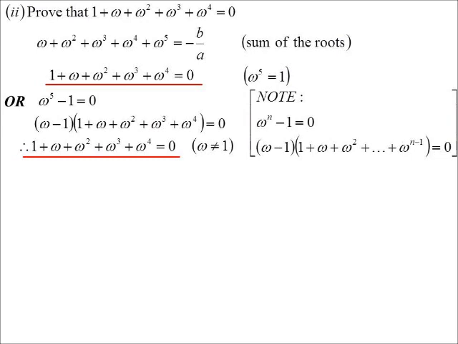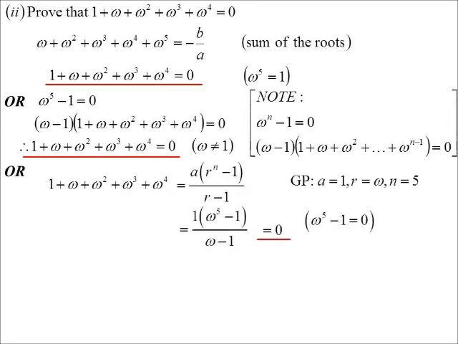But we know that's not true, because we specified omega was a complex solution. So it can't be equal to 1. Therefore, the other parenthesis must equal 0, and that's what we're trying to prove. So remember that idea for this question. We can always factorise omega to the power of n minus 1: start with omega minus 1, and then it's just 1 plus omega plus omega squared all the way up to omega to the n minus 1. All right, that's one way.